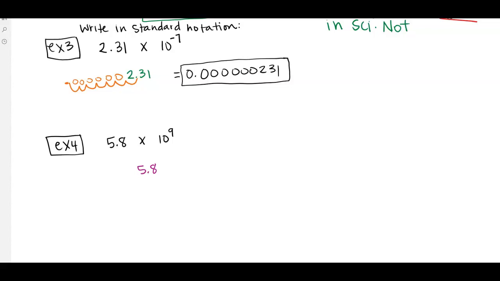Okay, and then on this one, since it's a positive exponent, I'm going to be moving that to the right 9 places. And so that means it's going to 1, 2, 3, 4, 5, 6, 7, 8, 9, and then fill the rest of these in with zeros. So notice that on this one, we're not going to have 9 zeros there because there was another digit that took up one of those places, right?